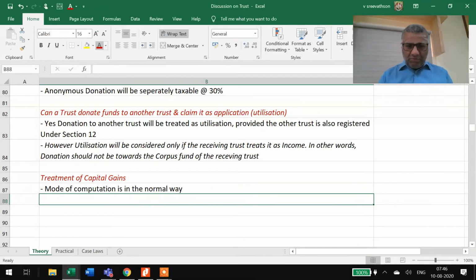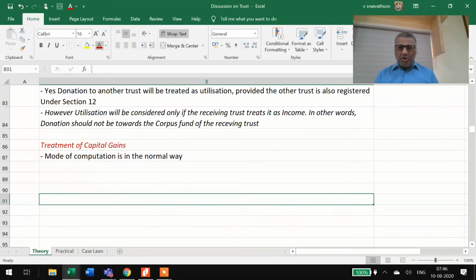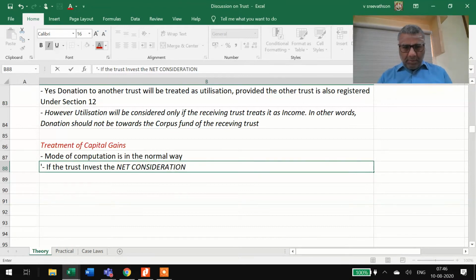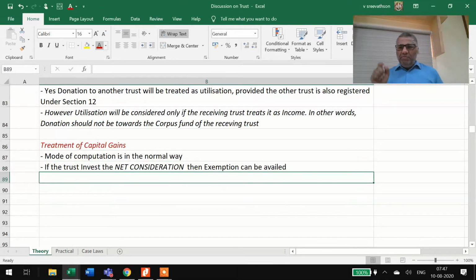That is full value of consideration, indexed cost of acquisition, etc. If the trust invests the net consideration, then, my dear friends, exemption can be availed.